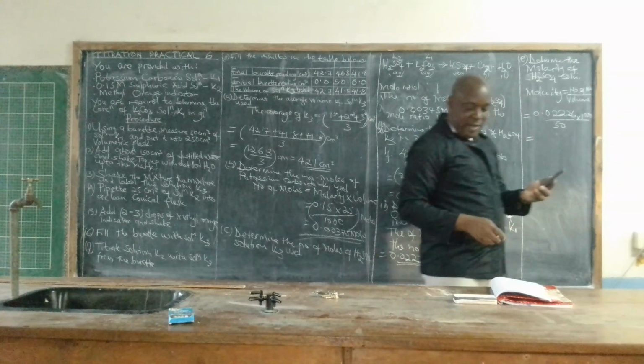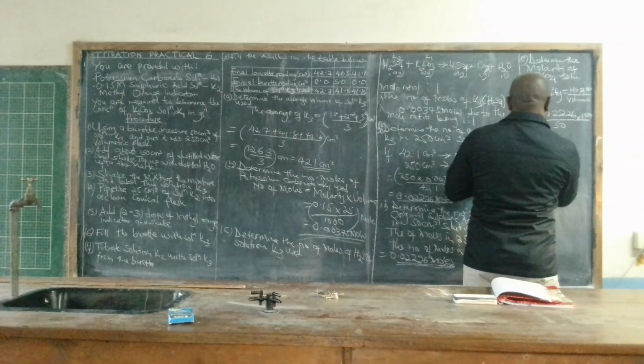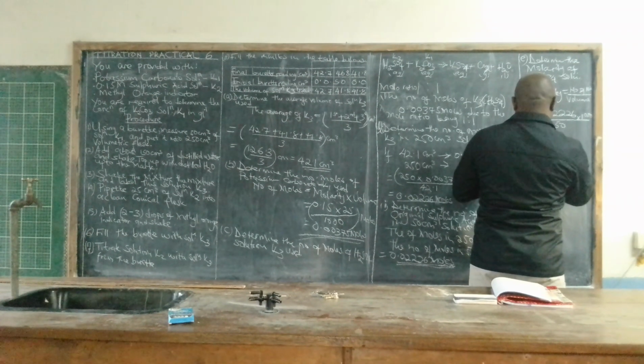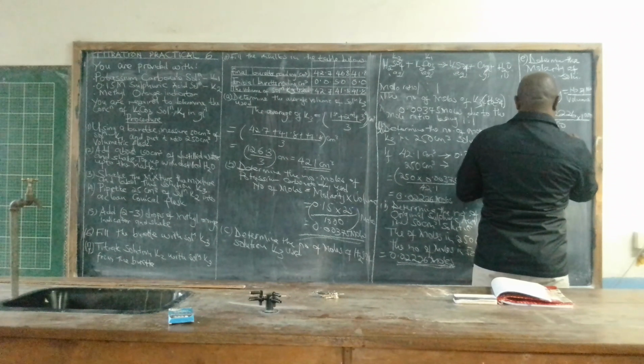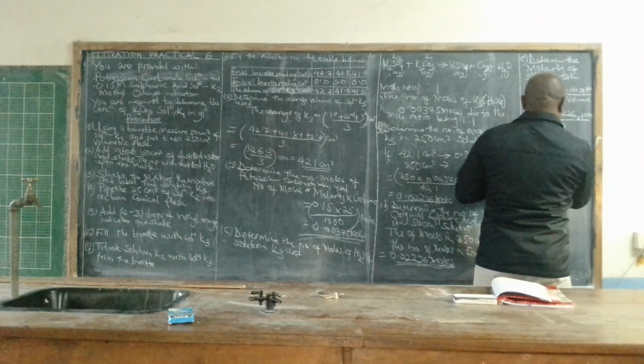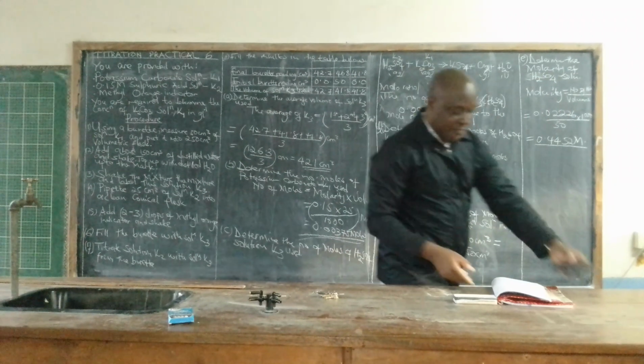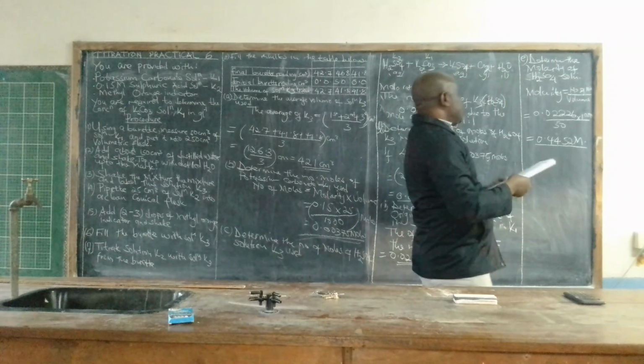So it's going to give us 0.4452 M. This is the molarity of the sulfuric acid. So we have answered E.